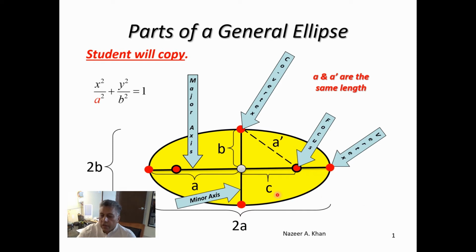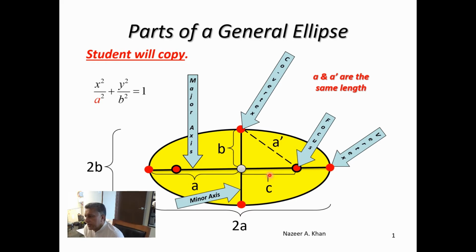We'll just use Pythagorean theorem to solve for this value of c. The important point, if you don't have this piece of information, is that the length of a and the length of a prime are the same. It is the phenomenon of an ellipse, right?